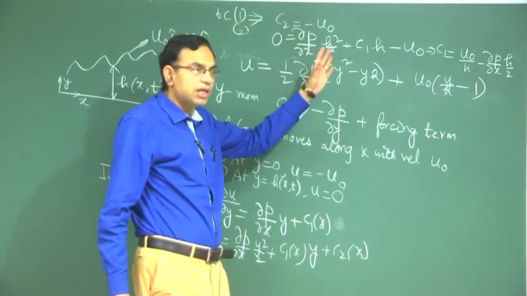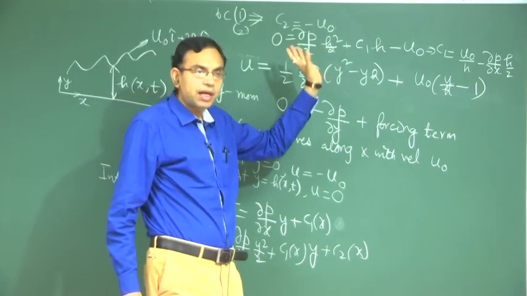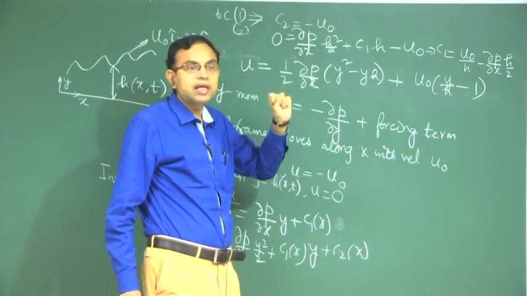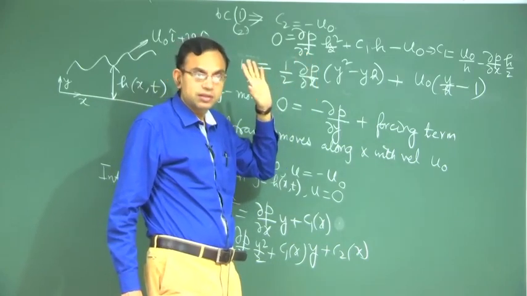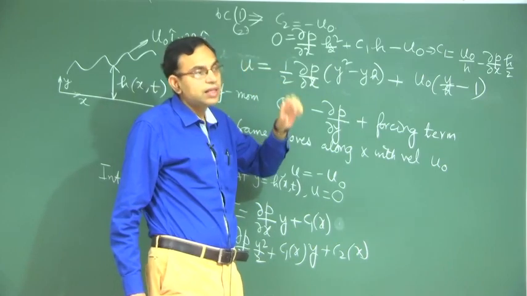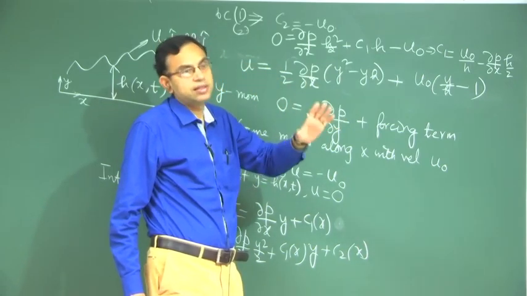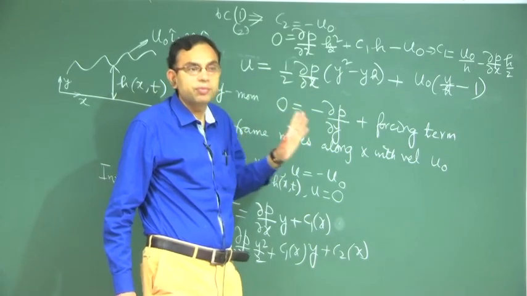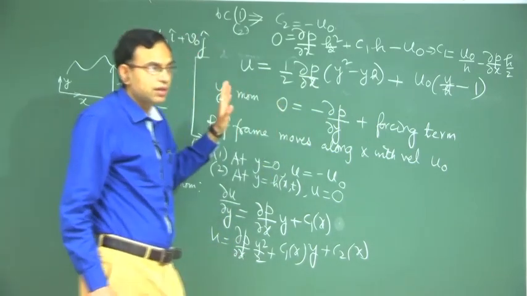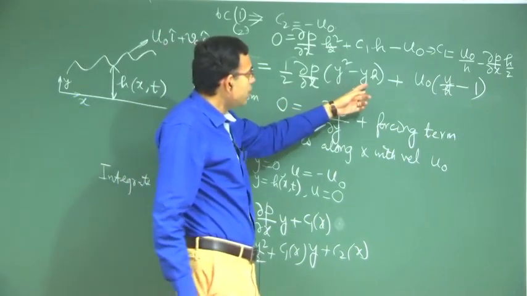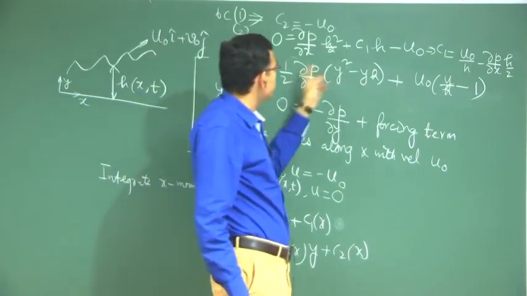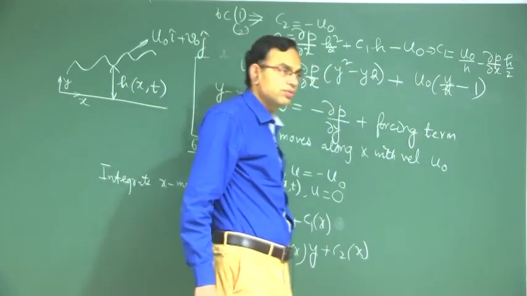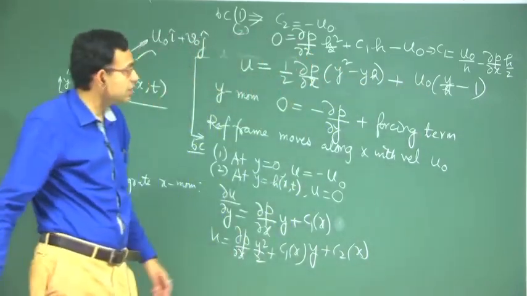Whenever you get a solution, not just for fluid mechanics but for any problem, the first thing that you should check is whether it is satisfying the boundary condition. Not that if it satisfies boundary condition it is bound to be correct, but if it does not satisfy the boundary condition it cannot be correct, it is the other way around. So, at y equal to 0, u is equal to minus u0 and at y equal to h, u equal to 0. So, at least it satisfies the boundary condition.